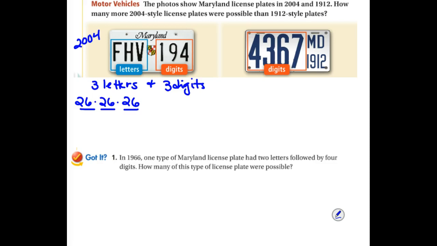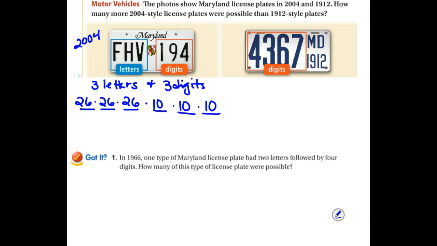It is followed by 3 digits. How many digits do we have? Counting from 0 to 9, 10 numbers. So we have 10 options for the first number, 10 for the second, 10 for the third. Go ahead and grab your calculators and multiply that all out.